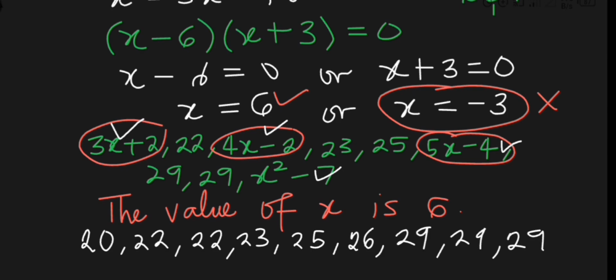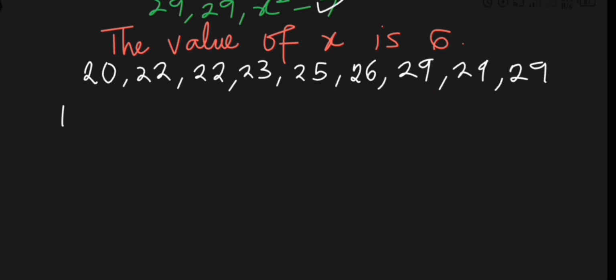Now that we have the scores of all the 9 applicants, the mean score is going to be the total of all the scores divided by the number of applicants, which is 9.